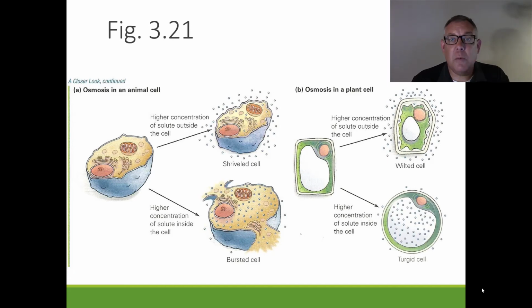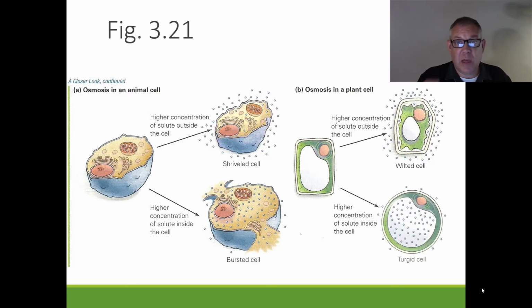Now, on the right, what they're showing you is a plant cell. And the same thing happens in a plant cell. Plant cells are no different than animal cells, except plant cells have that rigid cell wall around the outside of the cell, okay?